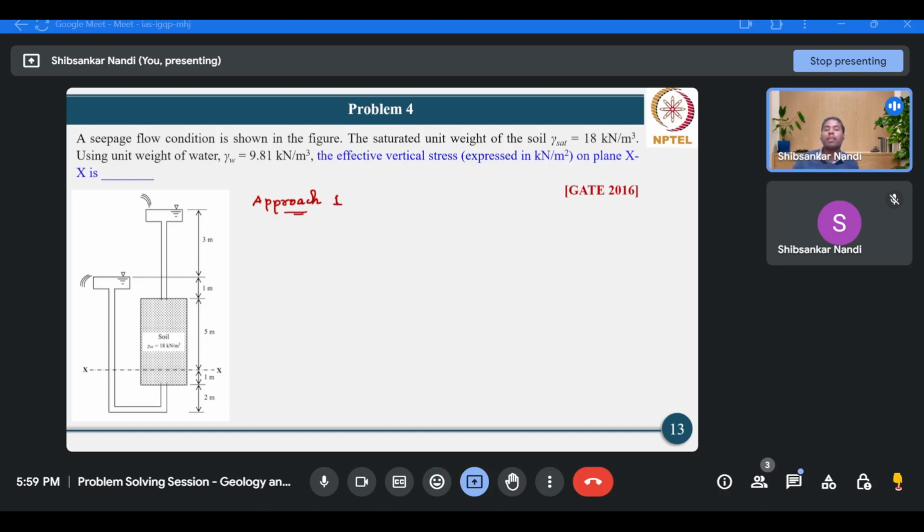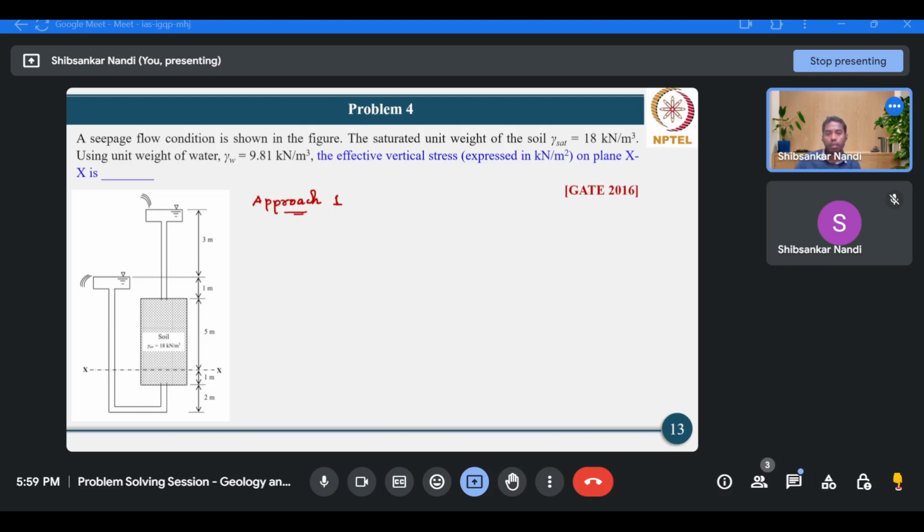As we have seen in this week's lectures, there are three different conditions: when there is no seepage flow inside the soil mass, when there is seepage flow in the downward direction, and the third, when there is seepage flow in the upward direction. Depending on these three conditions, the effective vertical stress will vary inside the soil mass.